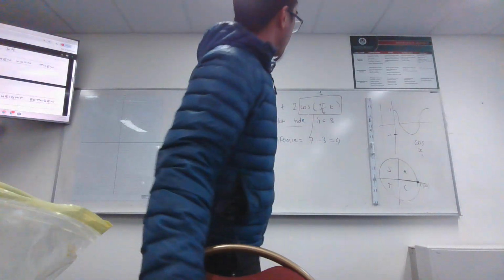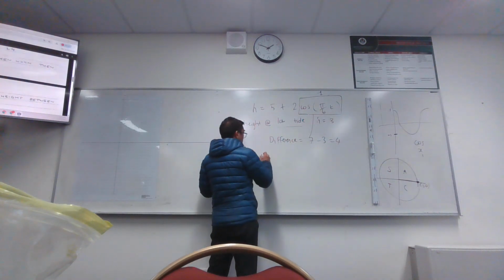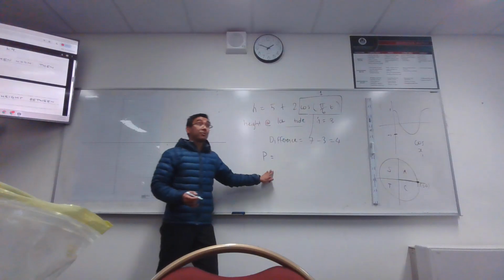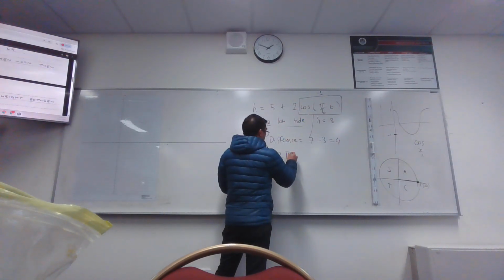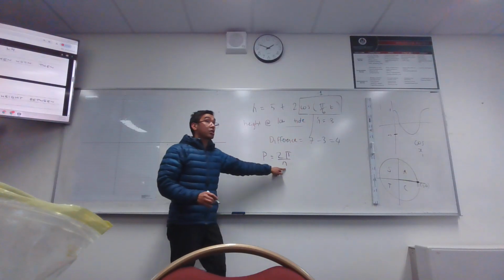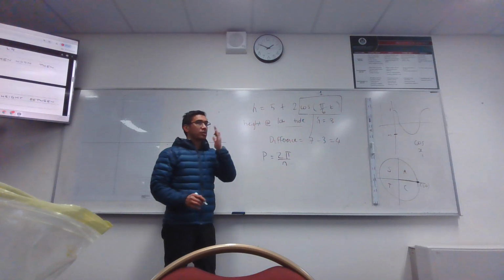Okay, I'll give you some clues as well. What's the equation for period? 2 pi over n. You've got to make sure your n is correct when you read it off. Get your n together. What's the period?